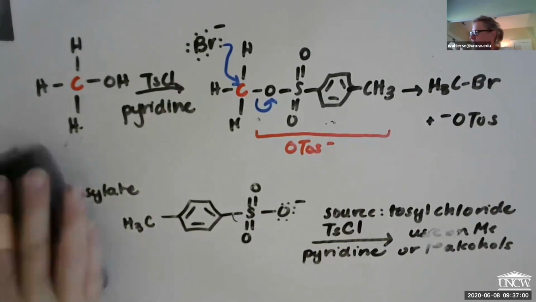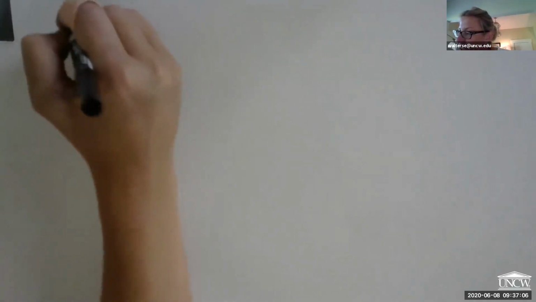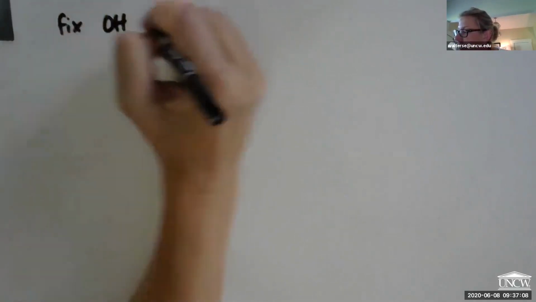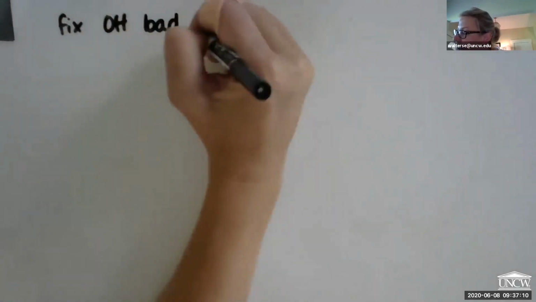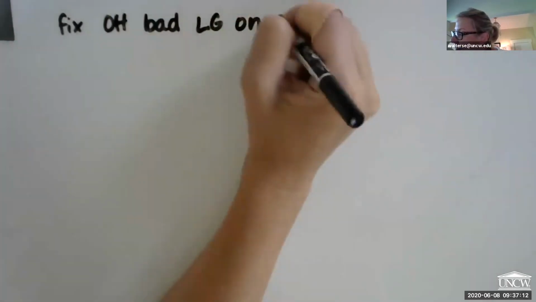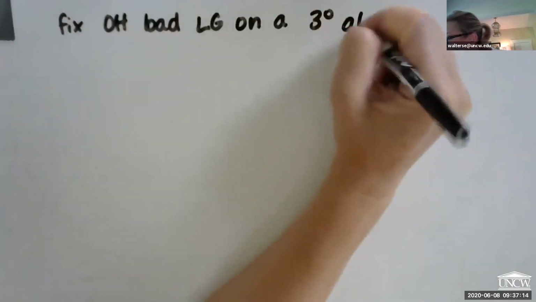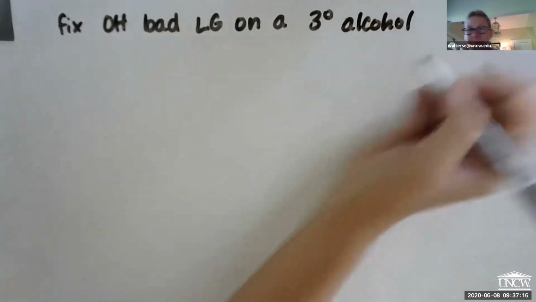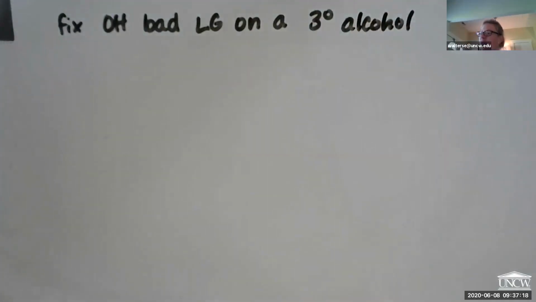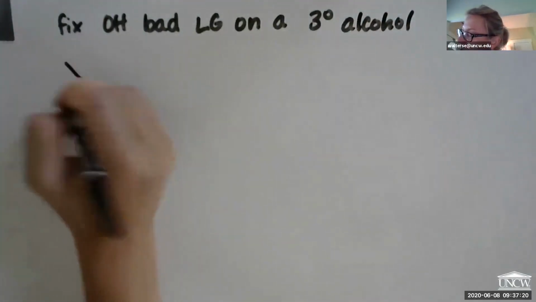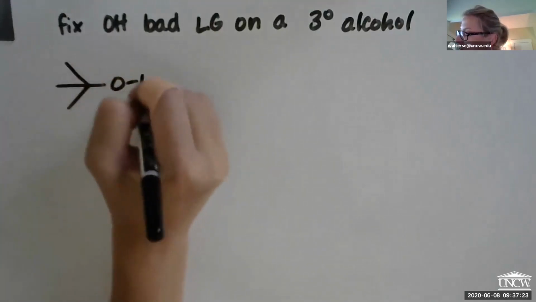Okay, let's fix a bad leaving group on a tertiary substrate. Okay, so we're going to fix a hydroxide bad leaving group on a tertiary alcohol. Okay. So we're going to use tert-butanol.